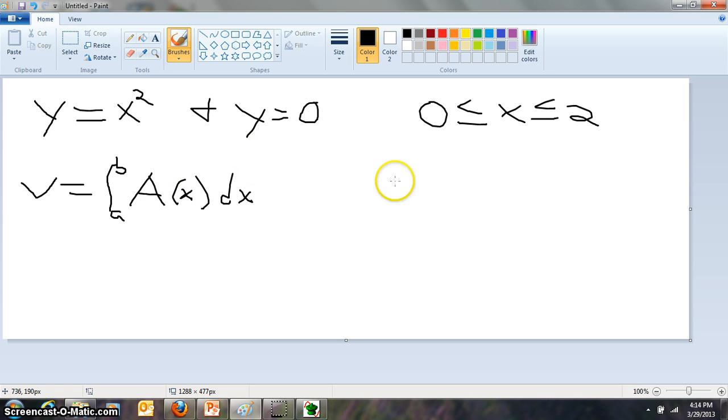For the disk method, the volume equals the integration between A and B of pi r squared dr. Now, r just means radius, obviously.